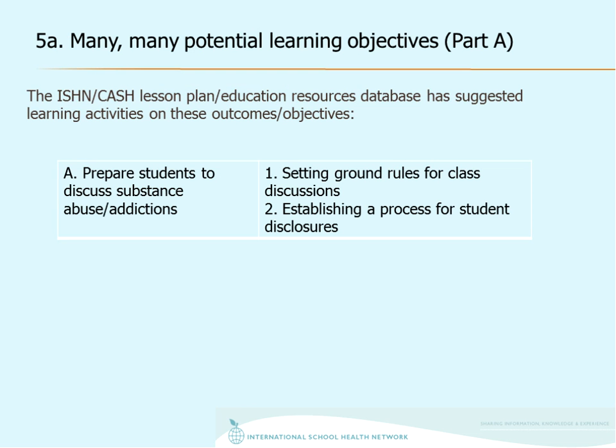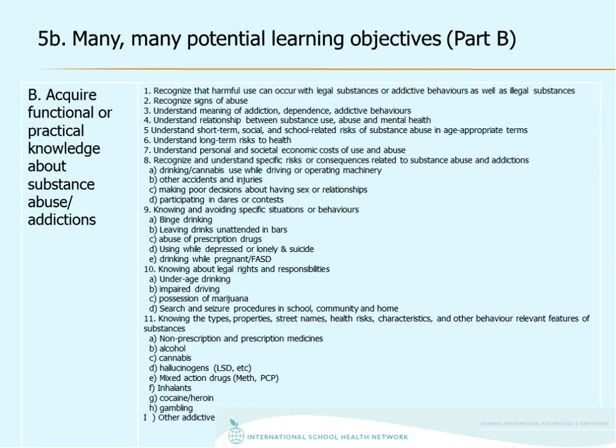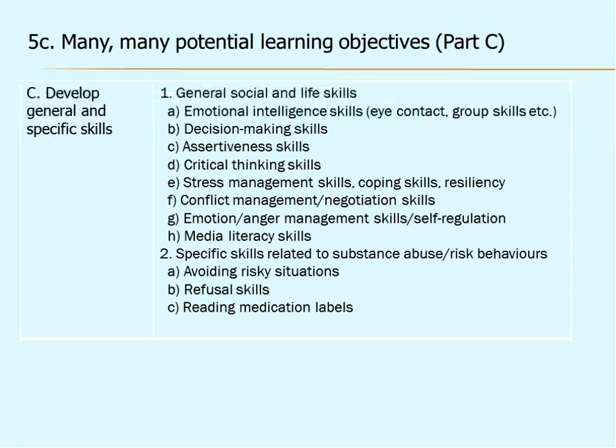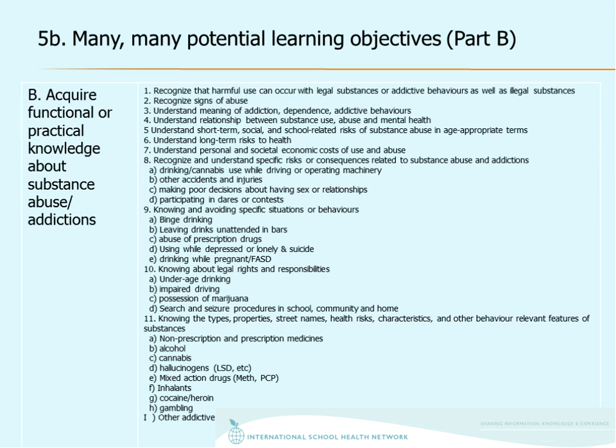As we identified those areas, this is the first one, which is just the ground rules, setting ground rules, preparing students to discuss them. There are only two kinds of objectives we've identified in our database thus far. Those two objectives are fairly obvious, but minimal. But as you go through the various areas, and I'm not going to spend time on each of these slides, I'll give you a chance to read them.